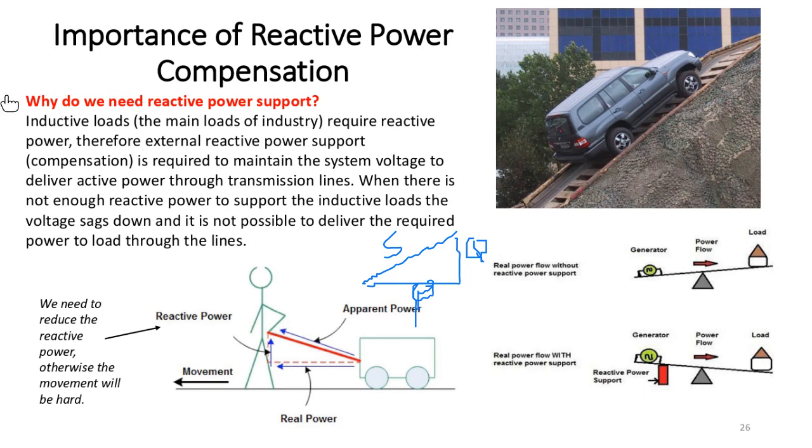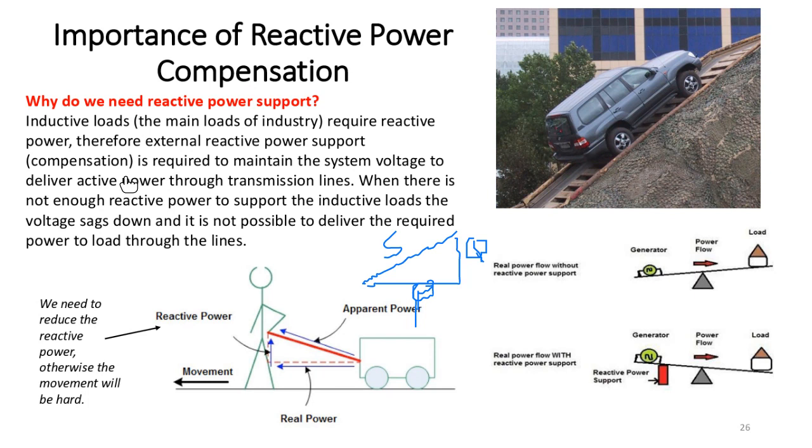So inductive loads, the main loads of industry, of course, require reactive power because they run motors and pumps. For external reactive power support, which is called compensation, this is the terminology you will use in the lab also. That's what we mentioned about capacitors, but not necessarily only those; we have a number of compensations.